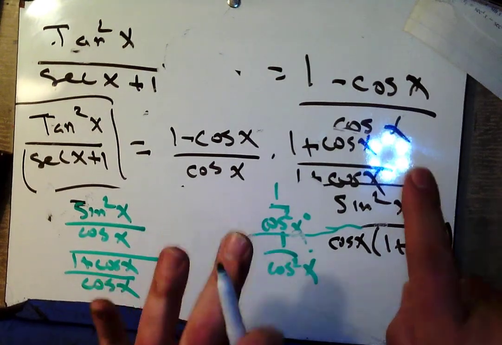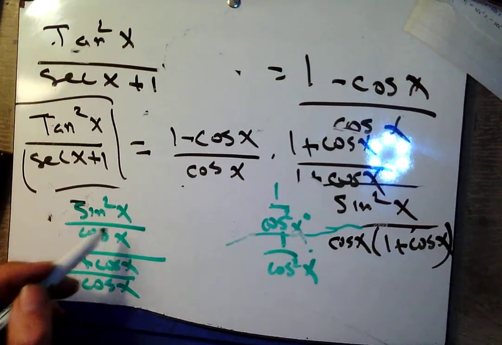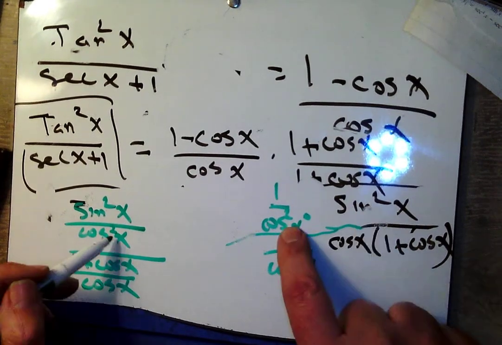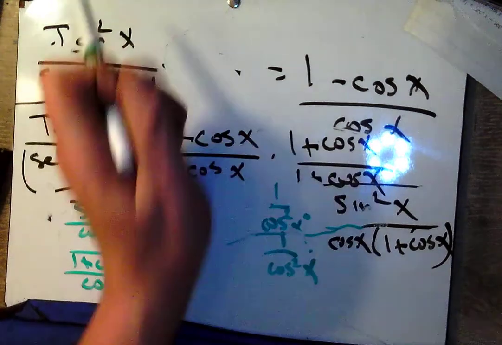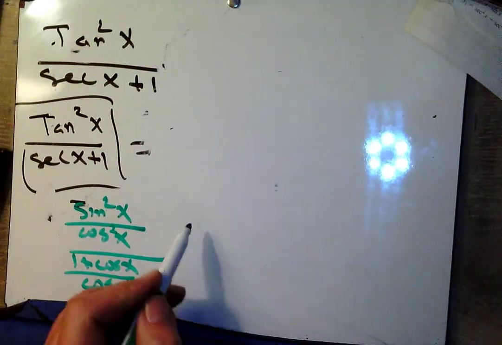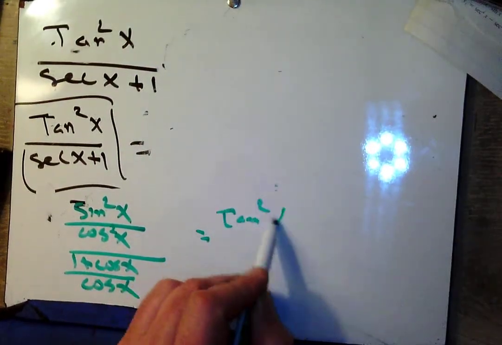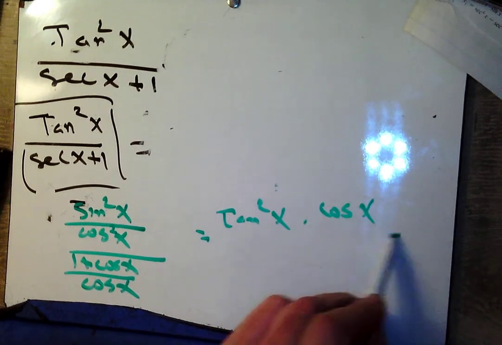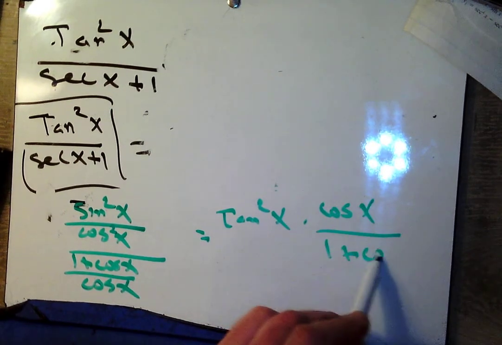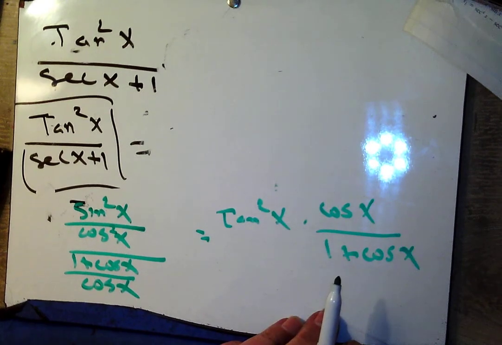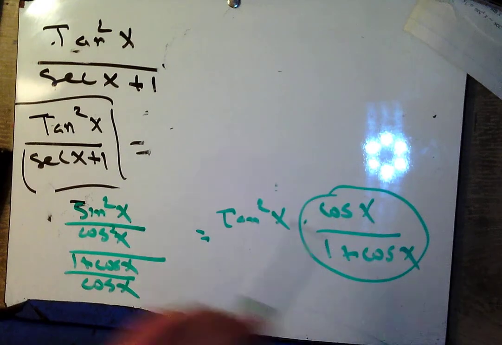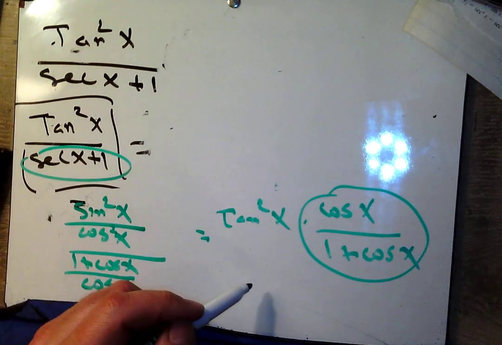That was tangent squared. Oh, that's it. There's the square. So the top can then be tangent squared, and if I flip and multiply, I get cosine x over 1 plus cosine x. Great, I got the tangent squared, but somehow this has to turn into that.